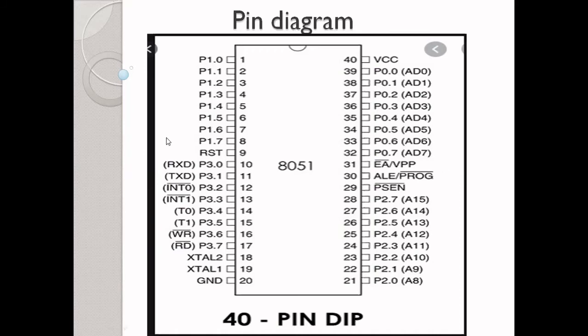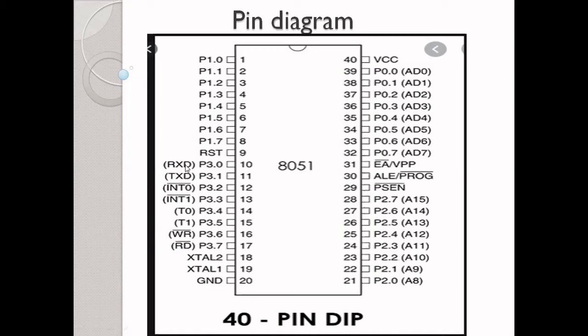Next, port 3 is used as a multifunctional port. It is used to connect input and output ports. Next one is receive and transmit. In serial communication there are 2 terms: one is transmit, another one is receive. Suppose you take 2 microcontrollers. If I want to transmit data from microcontroller 1 to microcontroller 2, that is called transmit.